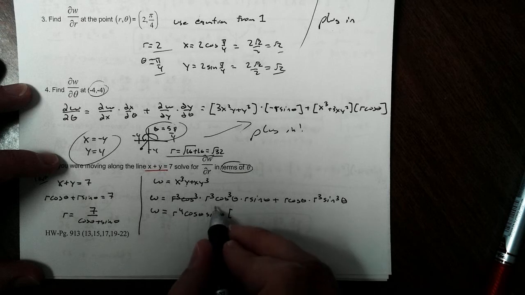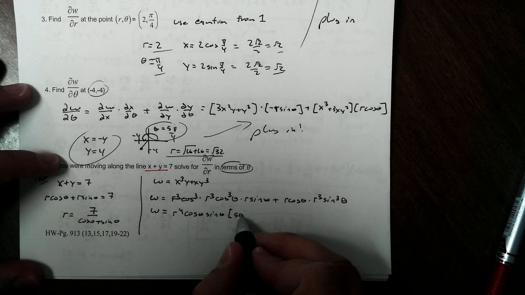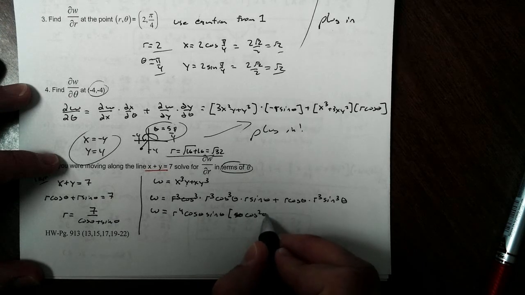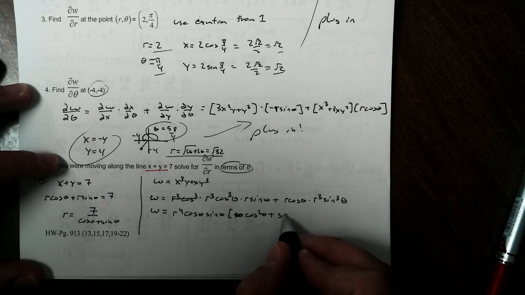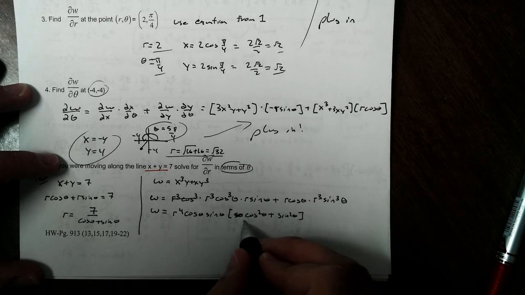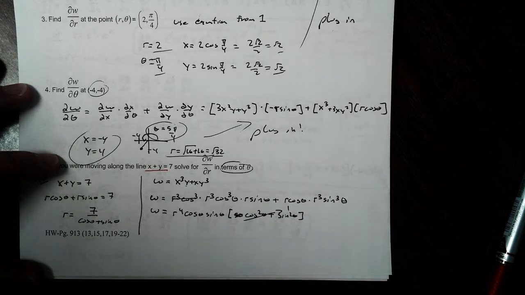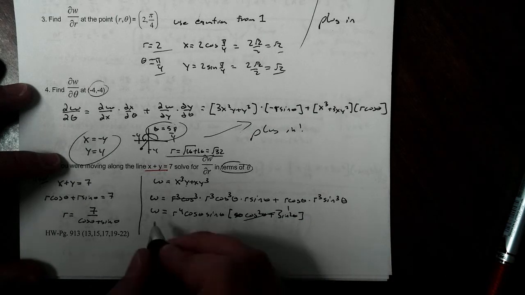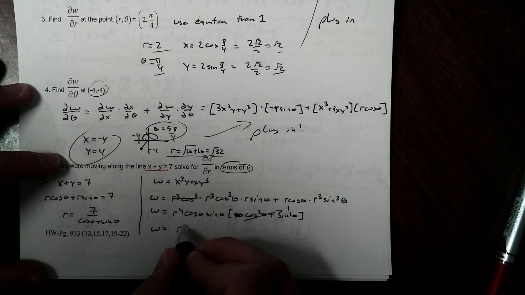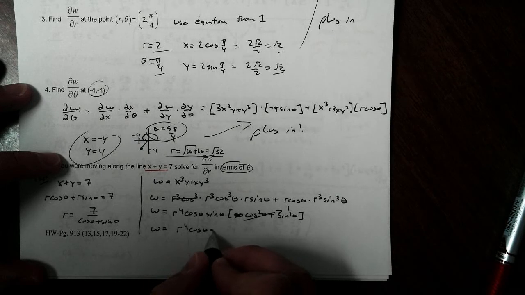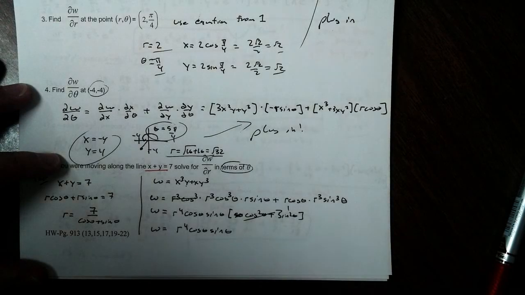What's that going to leave us? That's going to leave me with a cosine squared theta plus a sine squared theta. That's always nice when that happens. So that just becomes 1 right there. We escaped that bullet, right? So what we're left with is r to the 4th cosine theta sine theta.